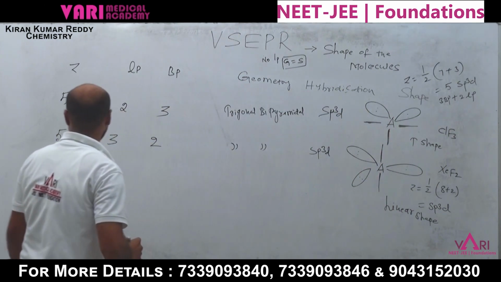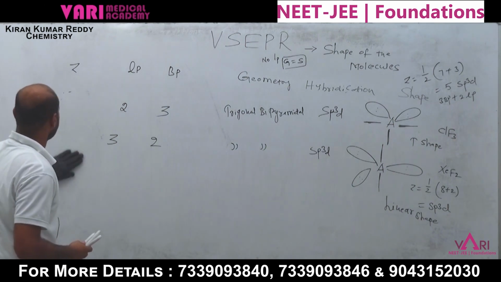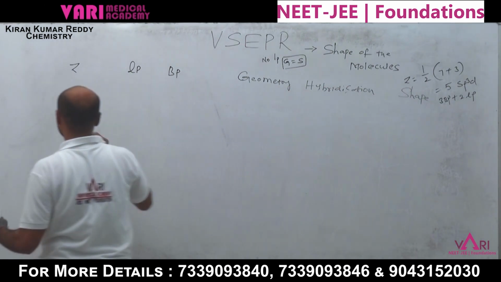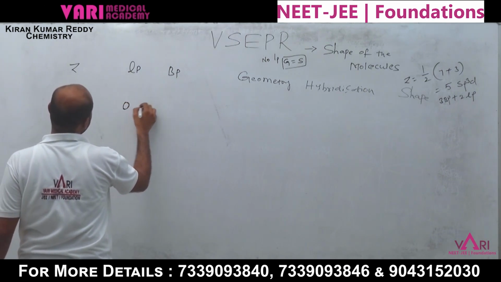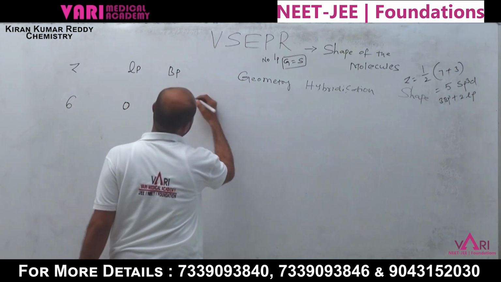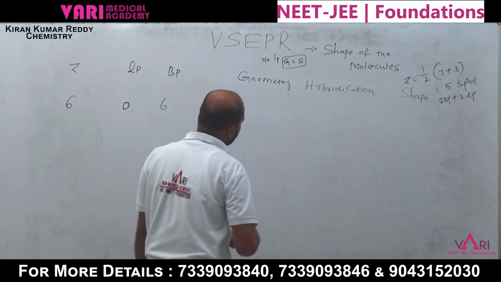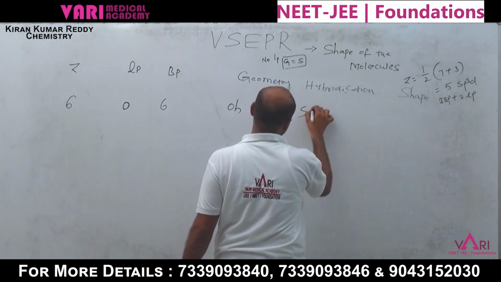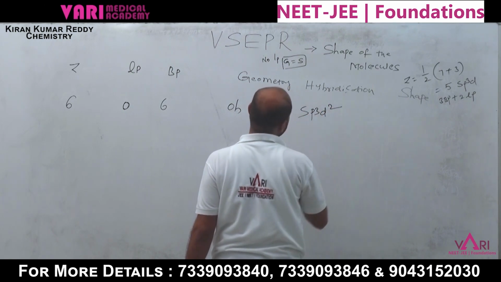And the next one is Z is equal to 6. If Z is equal to 6, it means sp3d2, lone pairs are 0, bond pairs are 6, and the geometry is octahedral. sp3d2 hybridization, 3 plus 2 is 5, plus 1 is 6.